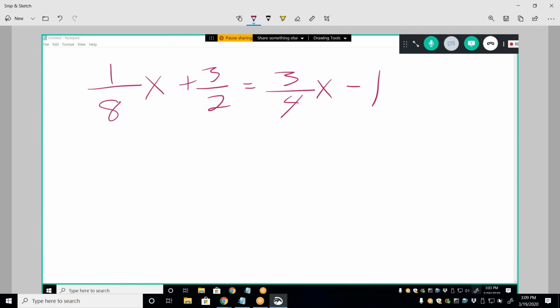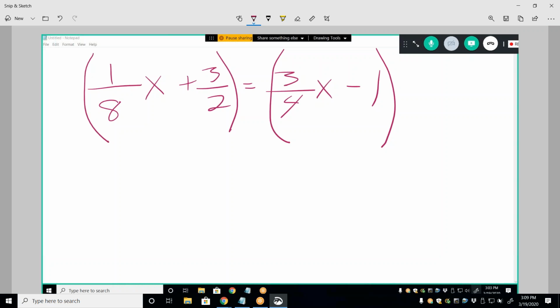Okay? Now, I got a couple of choices. I can do it the way you just described, but I'm still going to have all these fractions. So, can I make this problem easier by multiplying both sides of the equation by some number? And if so, what would that number be?